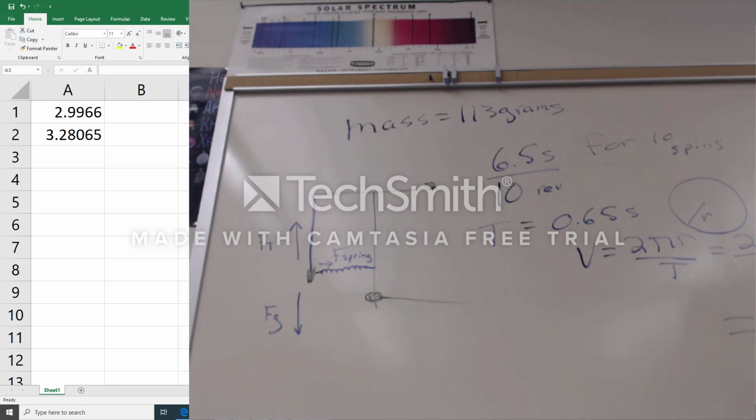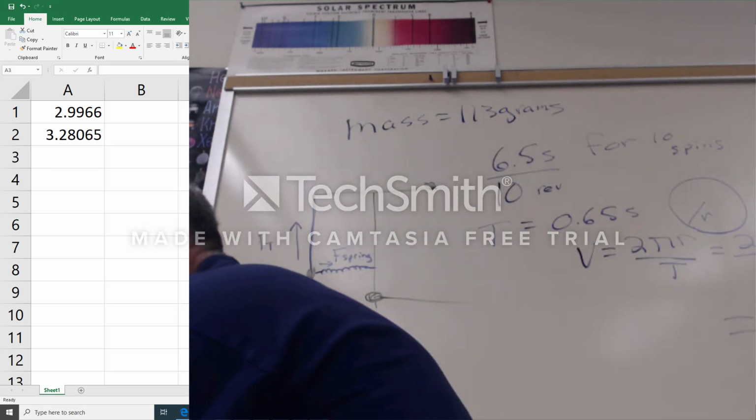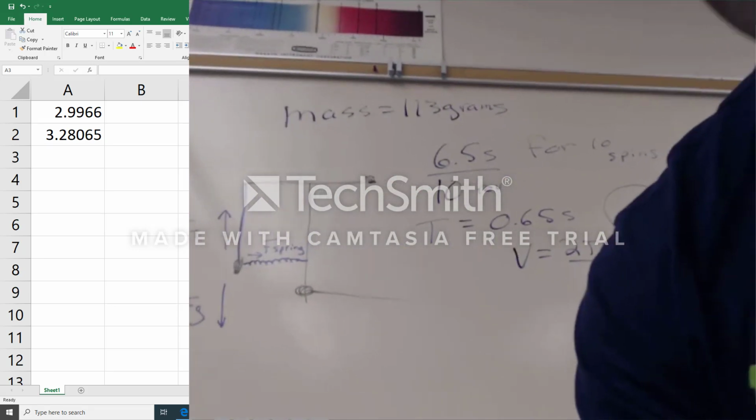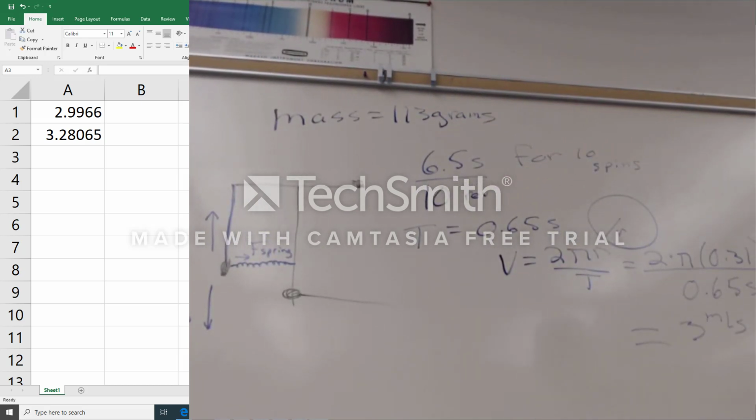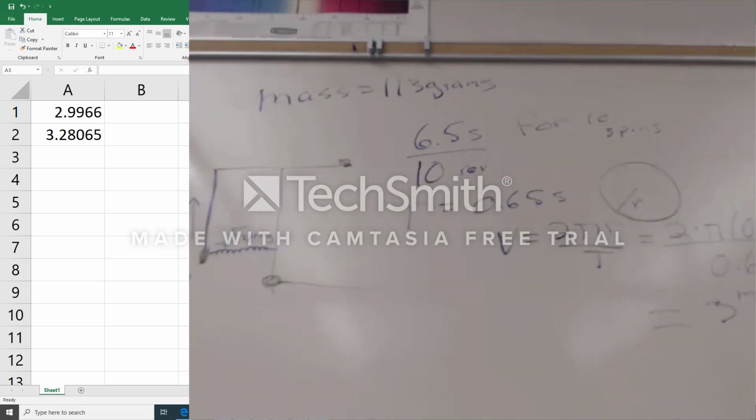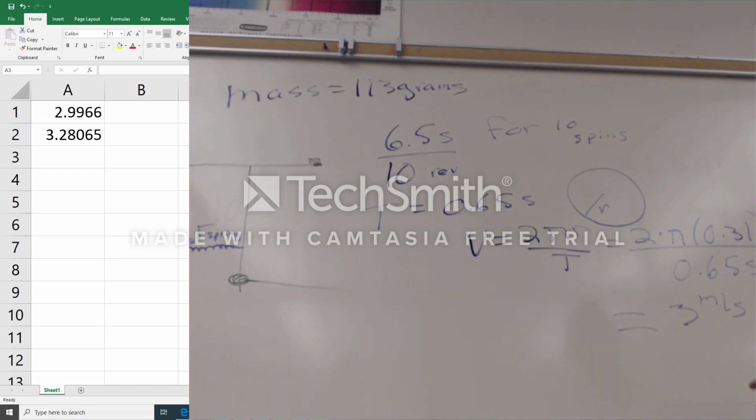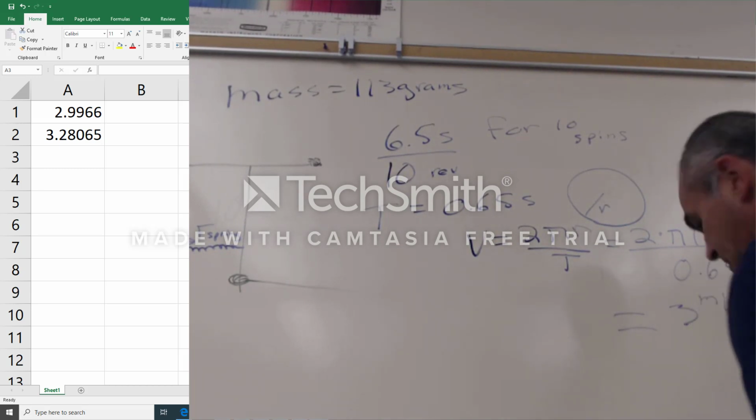And if you do the math, which I did do, you're going to get something about 3 meters per second. Make sure you can see me. I'm going to shift this a little bit over to the right. Okay, 3 meters per second. That's what that number is.